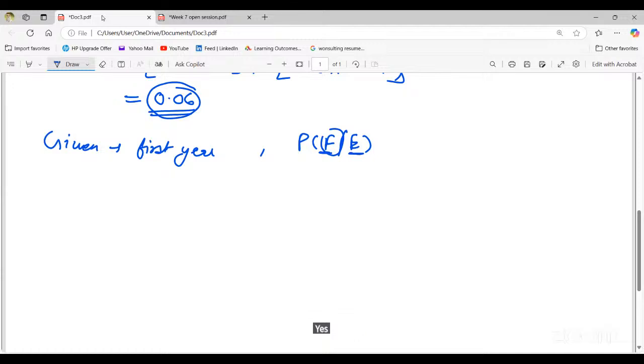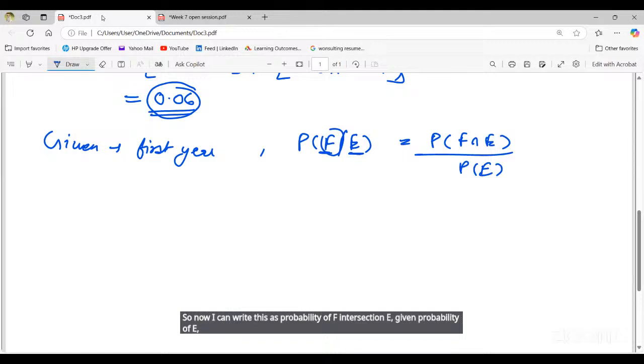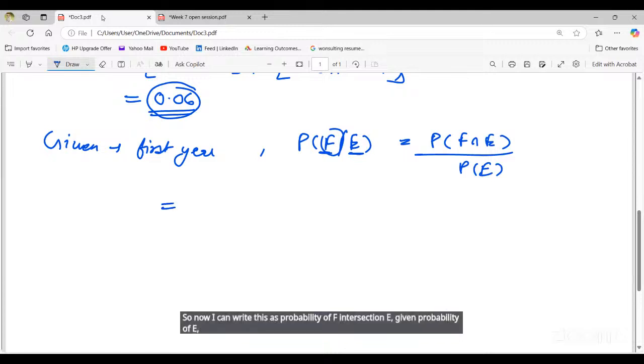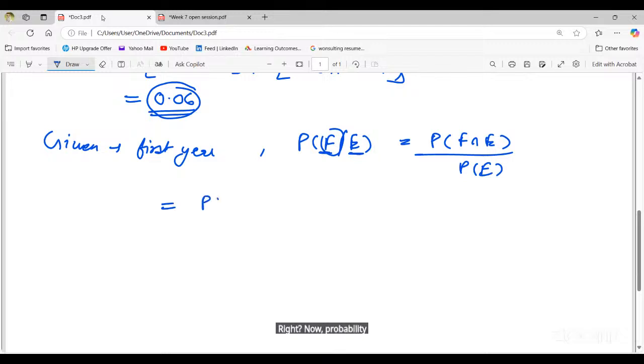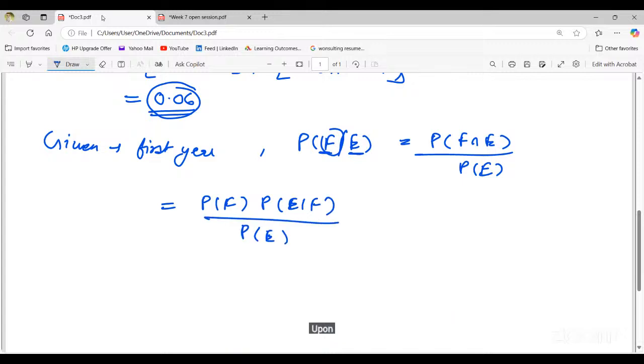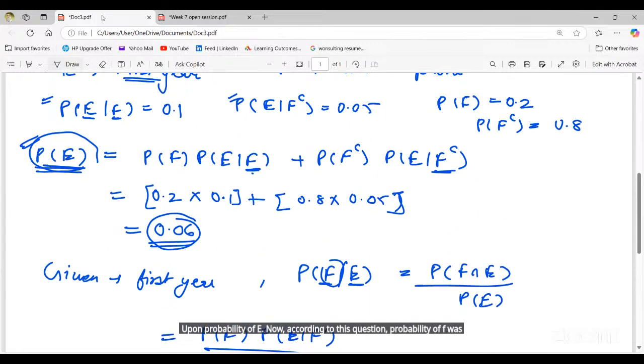So now I can write this as the probability of F intersection E upon the probability of E. The probability of F intersection E can be the probability of F into the probability of E given F. Now, according to this question, the probability of F was equal to 0.2.